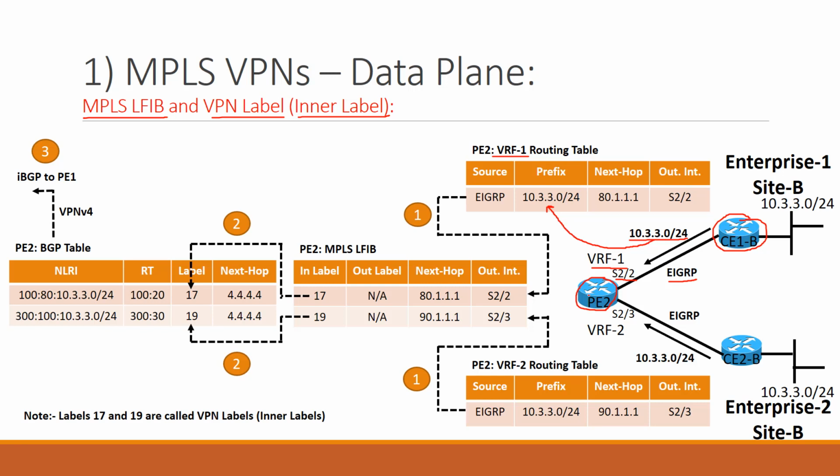Let's say that PE2 assigned label 17 for this prefix in VRF1, and for this prefix that came inside VRF2 from enterprise 2 site B, assigned it an inner label 19.